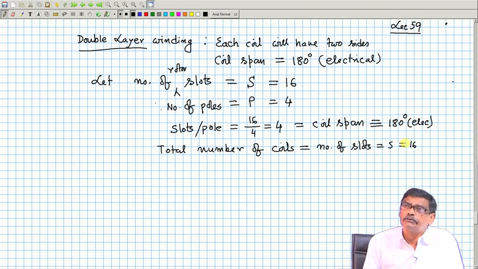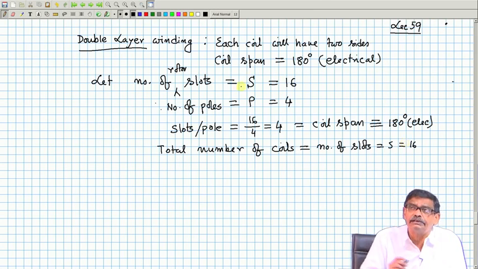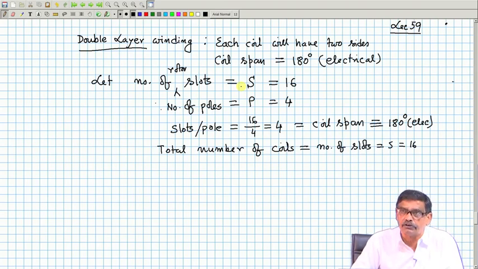Because each coil requires two coil sides. How many coil sides will be there? 32, because each slot will carry two coil sides. Therefore, the number of coils will be half of the coil sides, that is 16 itself. So, in general, whatever is the number of slots, that will be equal to the total number of coils I can put on the periphery of the rotor.